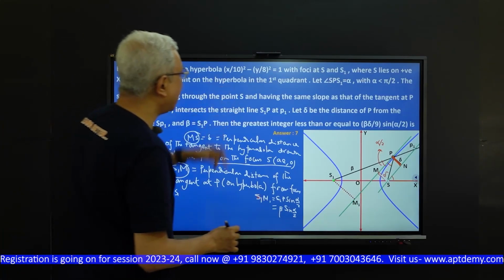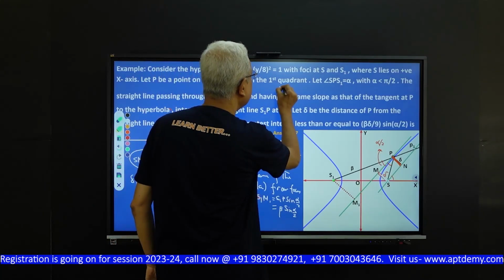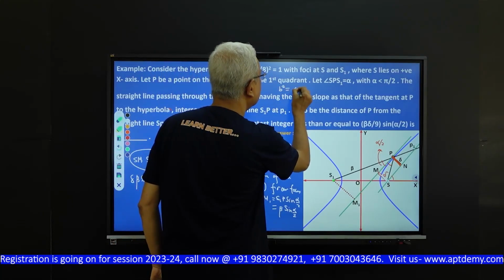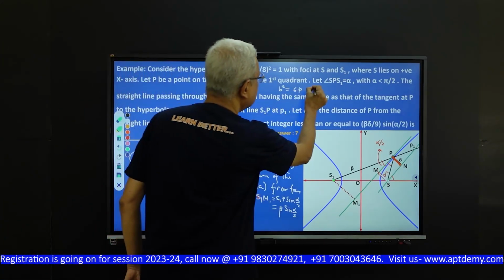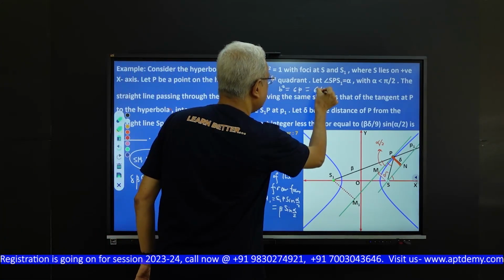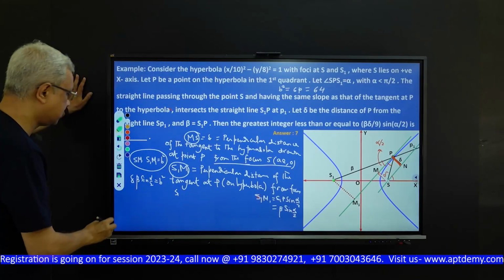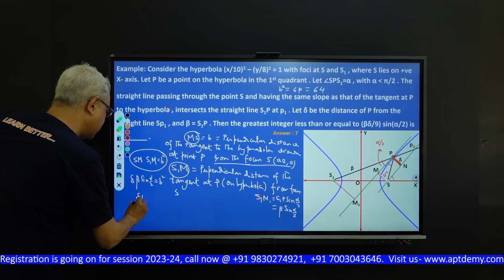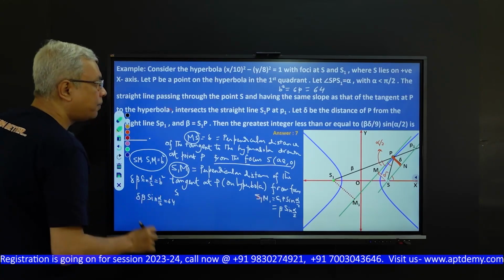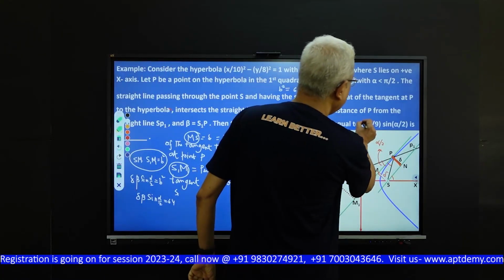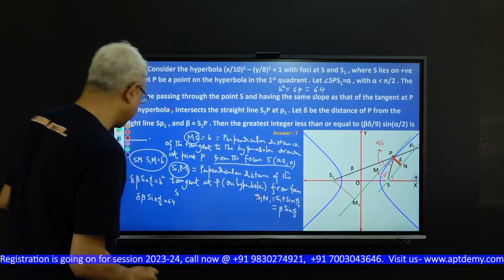But for the hyperbola, what is B square? B square is actually 64. Because this is the given equation, so B square is 64. So I can write delta beta sin alpha by 2 is 64. So my given expression is beta delta by 9 sin alpha by 2.